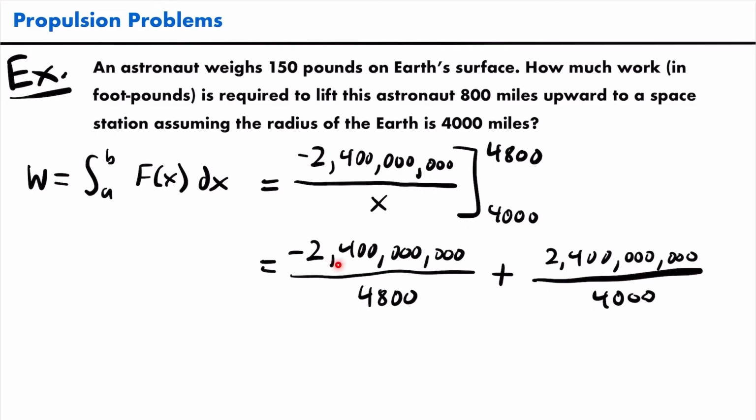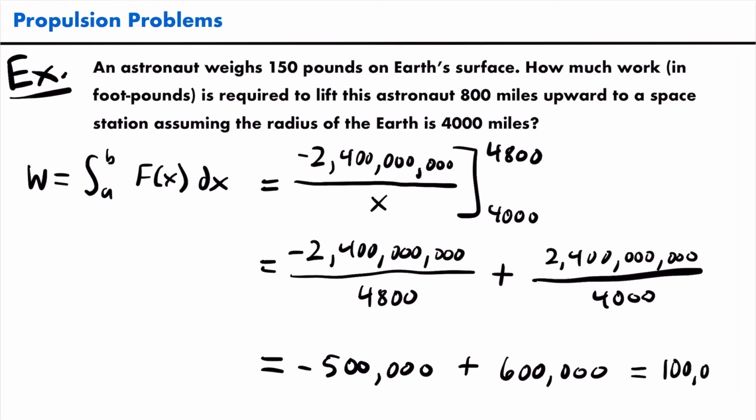And now negative 2.4 billion divided by 4,800 is actually equal to negative 500,000, and that will be added to 2.4 billion divided by 4,000. And that is also equal to a nice number of 600,000. And so negative 500,000 plus positive 600,000 is equal to positive 100,000.